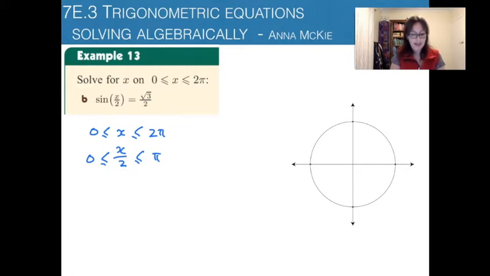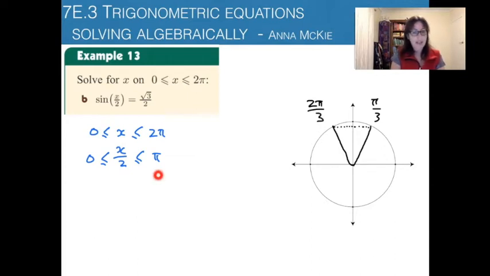When is sine of x now equal to root 3 on 2? Well, that's the pi on 6 family. And for sine, that's up here at, I guess, 2 pi on 6 or pi on 3, and then also here. So that root 3 on 2 is there, which is about 0.86. So 2 pi on 3.